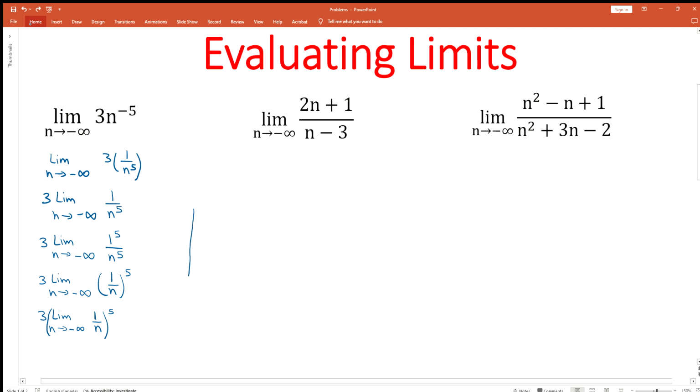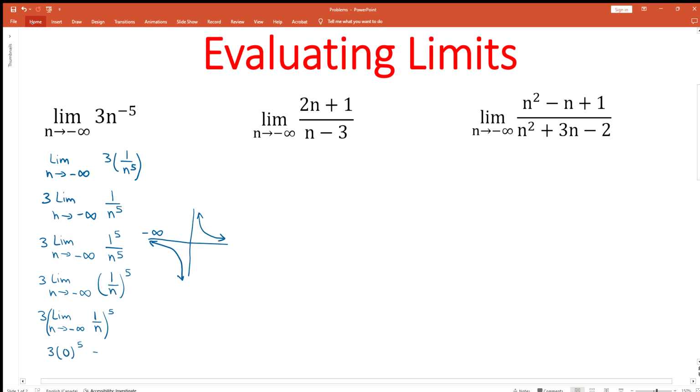As per the graph of the function 1 over n, the function approaches 0 as n approaches negative infinity. This is the graph of the function 1 over n. Therefore, limit n approaches negative infinity for 1 over n is equal to 0.